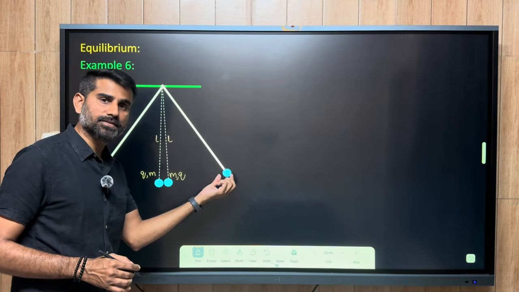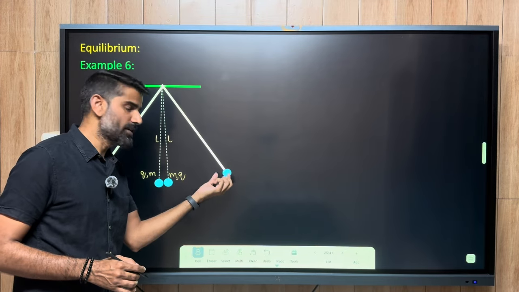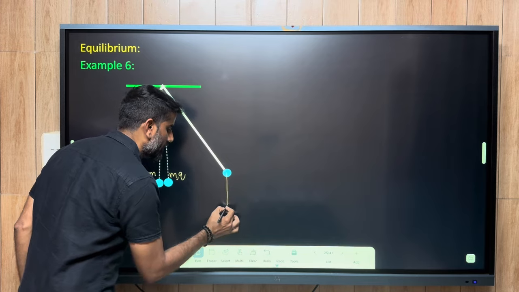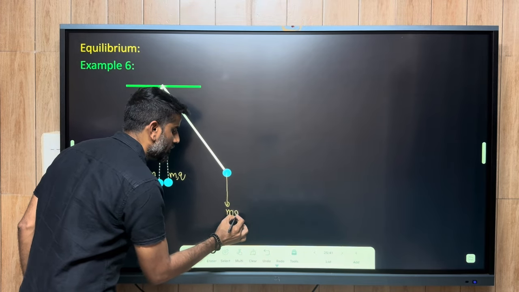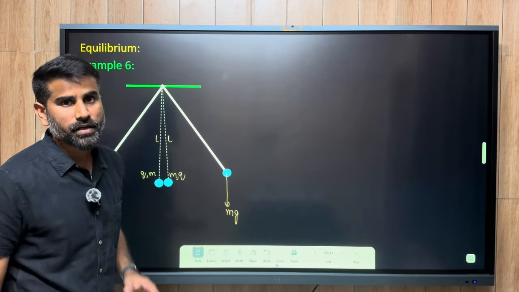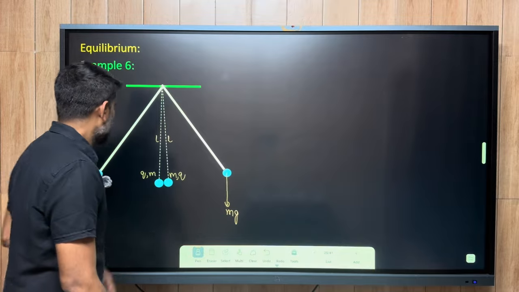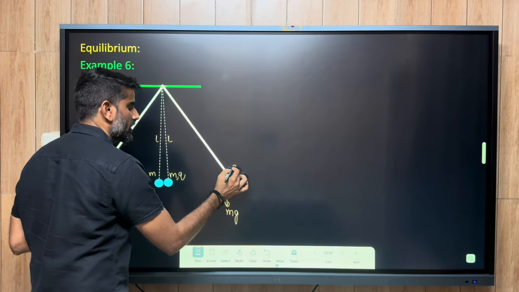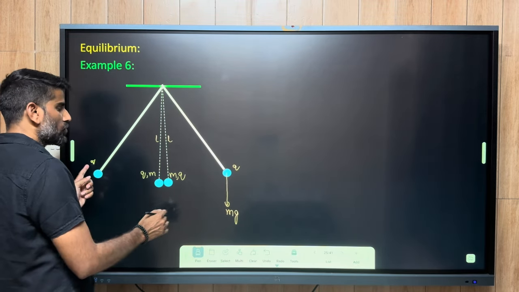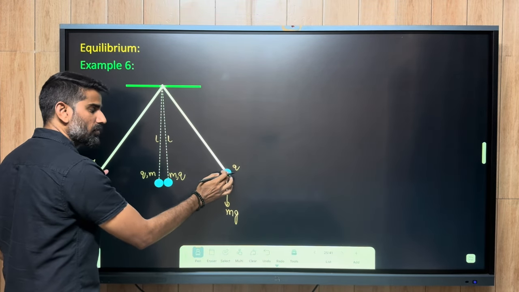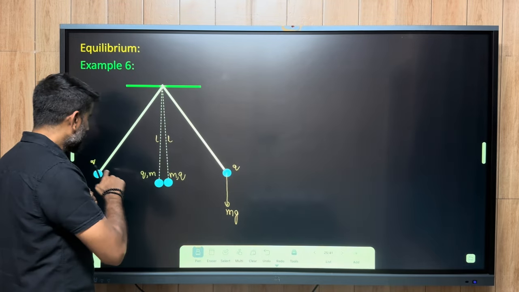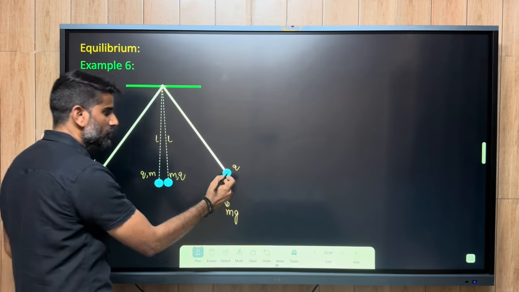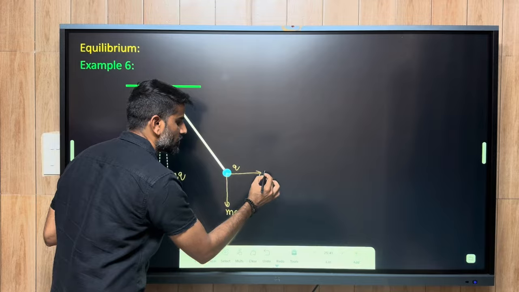As the sphere has mass, it has a certain amount of weight, which acts vertically downwards and is given by mg. Now, this charge Q will exert a certain amount of electric force on the other charge Q. That is a repulsive force, so this sphere is repelling that sphere in this direction.